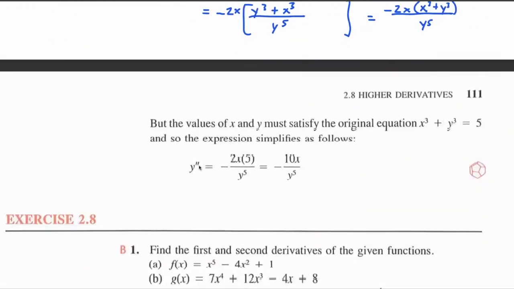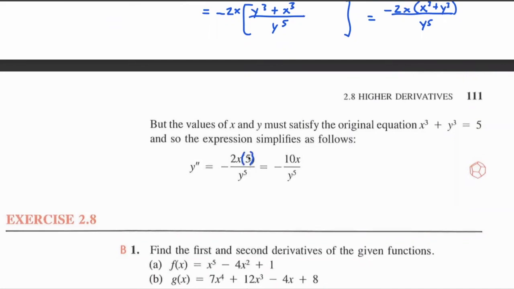And so we have this y double prime is equal to negative 2x, and we replaced the x cubed plus y cubed with the number 5. And now we have 2x times 5, which is 10x, and now this second derivative, which originally looked complicated, actually simplifies very nicely into negative 10x over y to the 5.